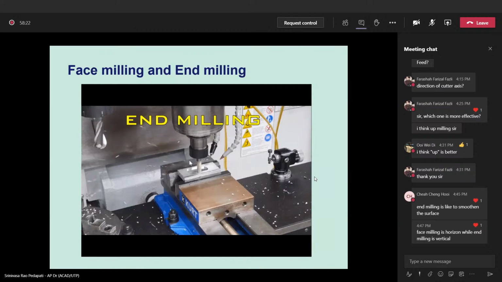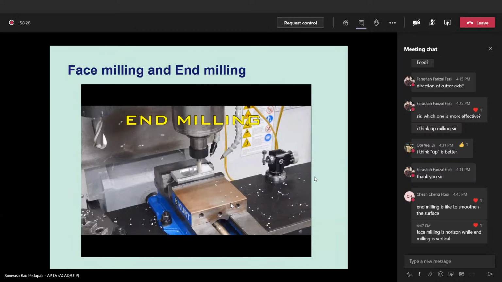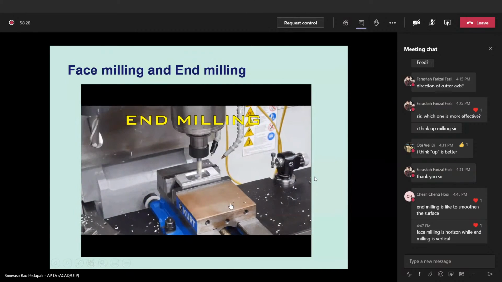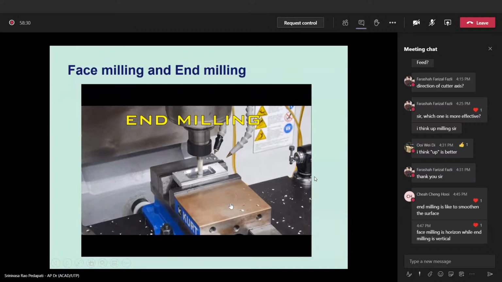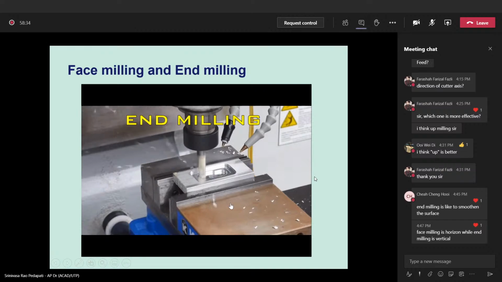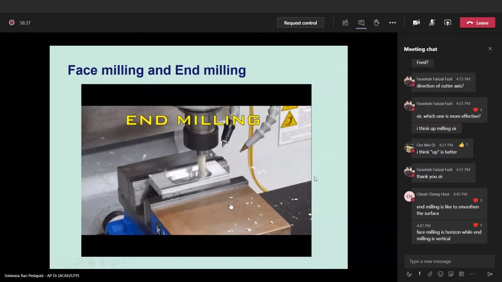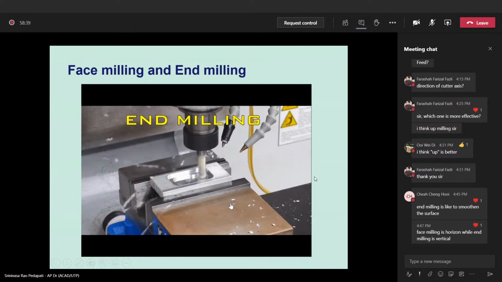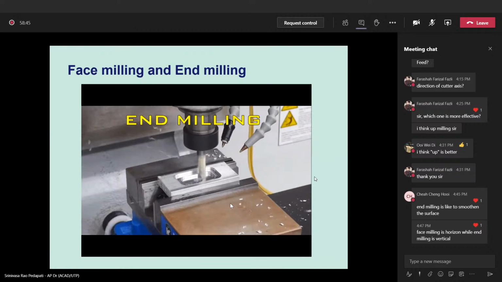Similar to that, this end mill also looks like that. It is actually cutting the shape. The groove is programmed. So according to the program, also observe which is moving, whether the tool is moving or the table is moving.